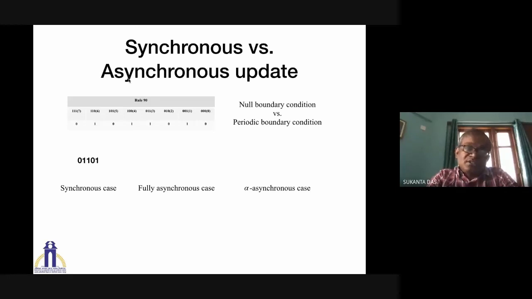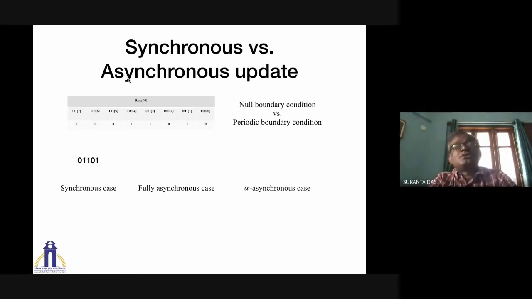One point is clear, that here cells are updated probabilistically, and as a result, we are getting different behavior.